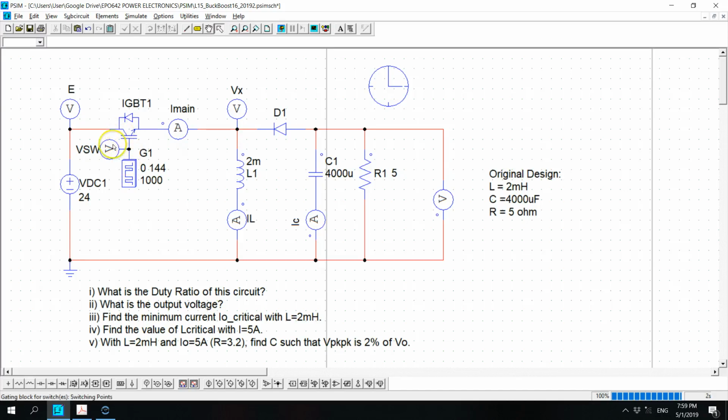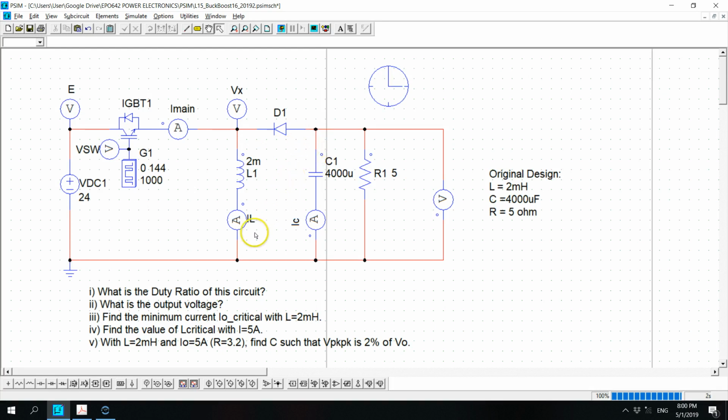So you can work out what will be the duty ratio. So 0 to 144 is the pulse given to the IGBT. The size of the inductor originally is 2 millihenry, and we have the diode, and the initial design for the output capacitor is 4000 micro, and then the load is represented by 5 ohm.